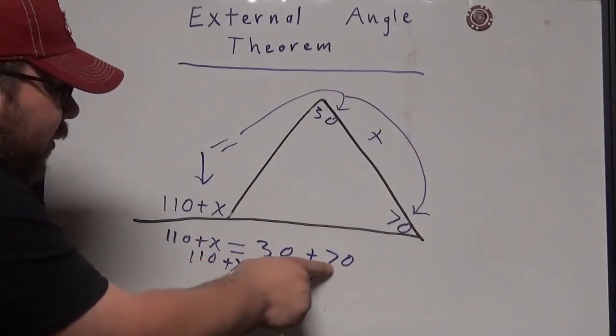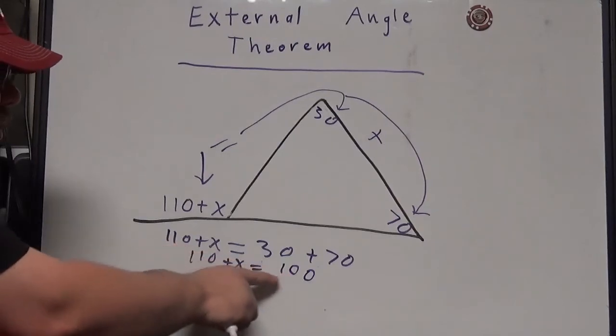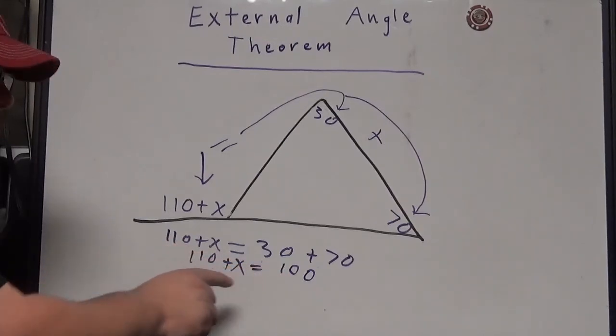I'll just erase that. I was marking those as like terms. So 30 plus 70 equals 100, and 100 equals 110 plus x.